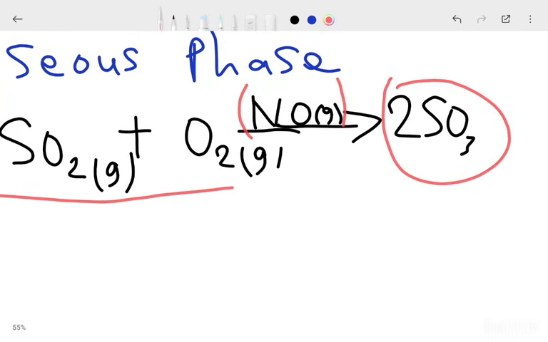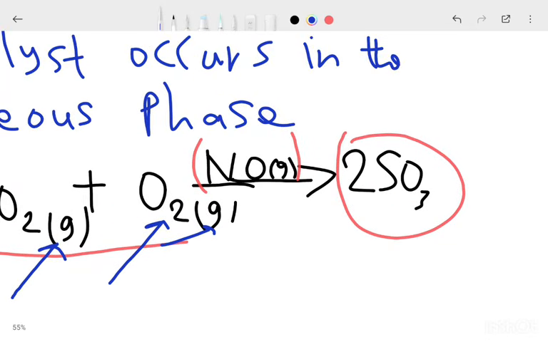Why? Because both the reactants, look at it, are you getting it now? Look at it, gas, all of them are in the gaseous phase. Look at the catalyst, gas. The product, gas. Are you getting it now?